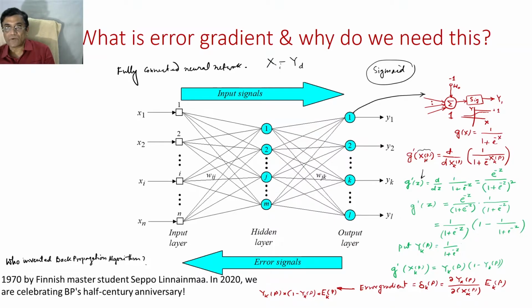I am considering the kth neuron at a particular epoch p, so my notation will be x_k(p). I differentiate that function with respect to x_k. Assuming this as z and differentiating, you will get e to the power minus z divided by (1 plus e to the power minus z) squared. This is u and v; you can just differentiate this function.